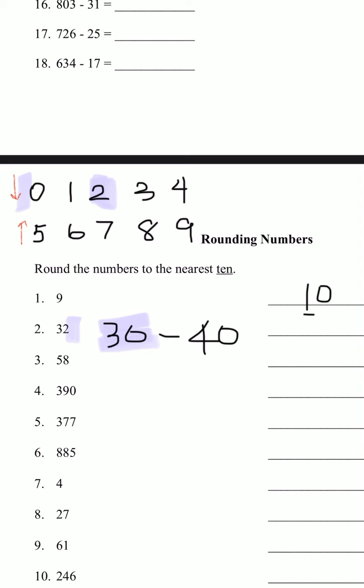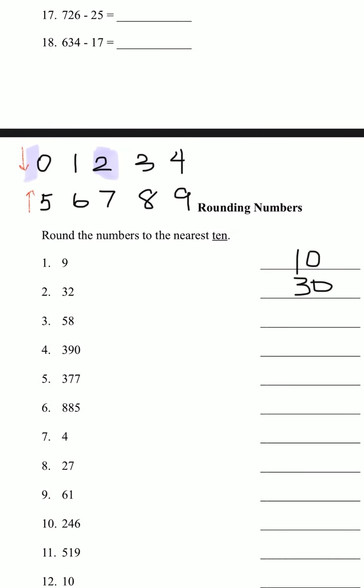So the answer is 30. Now let's try number 3. We have 58. 58 is between 50 to 60. Now 8 is over here, and we're rounding it up, which is going to be 60. So our answer is 60.